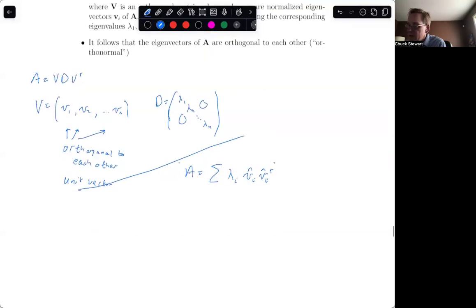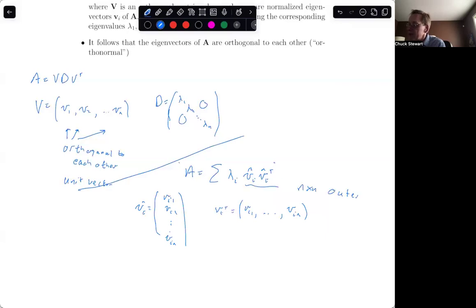And Vi equals Vi1, Vi2, through Vin. So this is an n by n outer product.